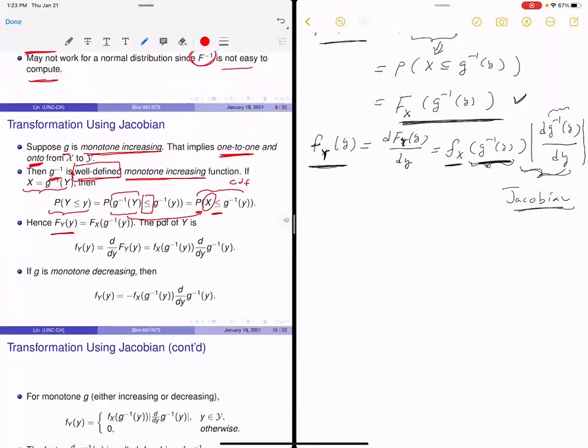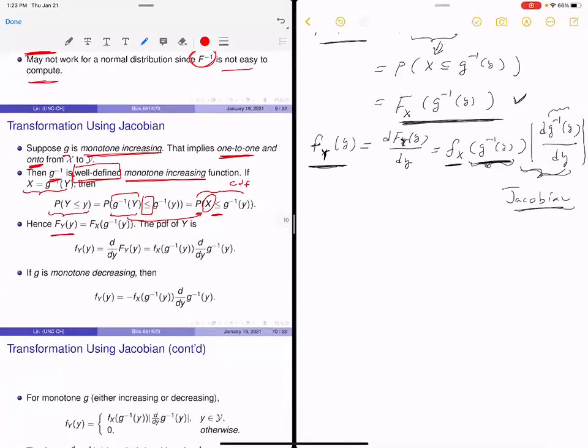Okay. So right here, I would say that if the G function is monotone increasing, then you don't have to put the absolute value, because you will see that the differentiation is still positive. But if G is monotone decreasing, you do need to put a minus term right here.